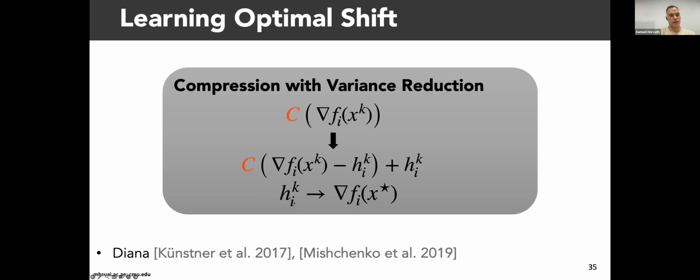If you can make sure that the shifted version converges to the gradient of the local function at the optimal solution, then you can remove the effect of compression, and you can remove this bad convergence at the optimum. This was first noted by Kunster in 2017, and also Mishchenko in 2019.